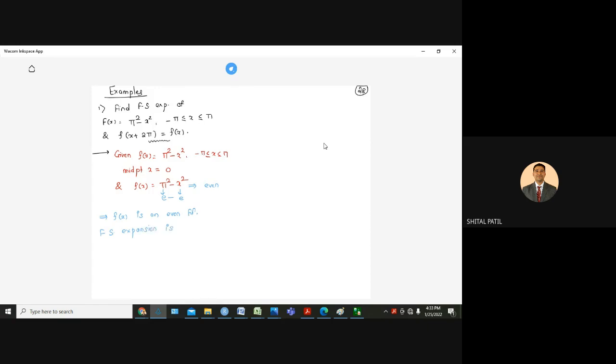Fourier series expansion is cos nx only. It is not n pi x divided by L, since the period is 2 pi.